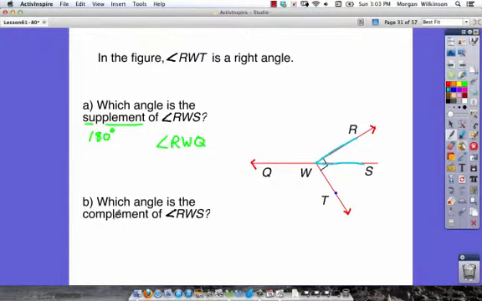Remember, complement means 90 degrees when two angles are added together. Well, we must have to look down here. Because if we take our first angle, RWS, and we add our second angle to it, we get a 90-degree angle in total. So the second angle is going to be called SWT.